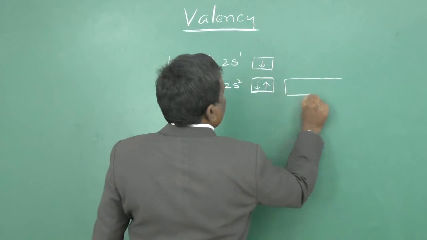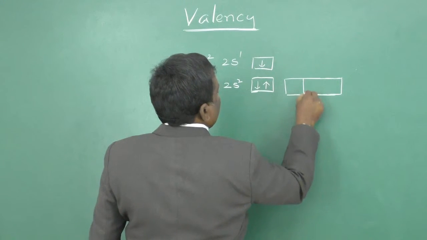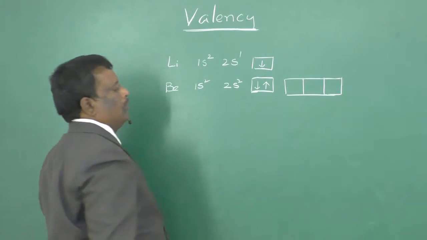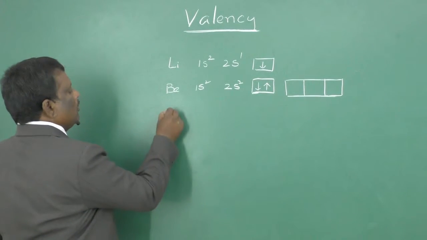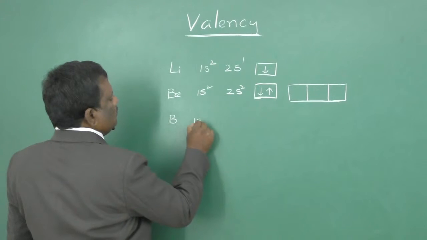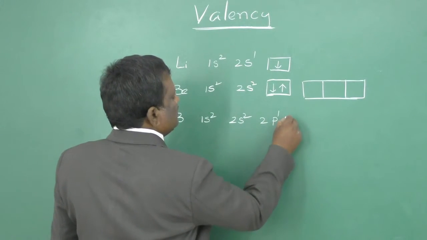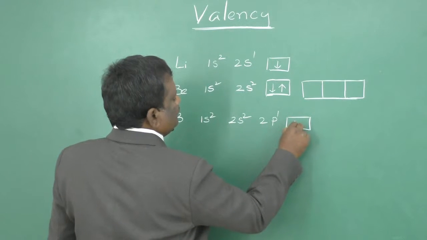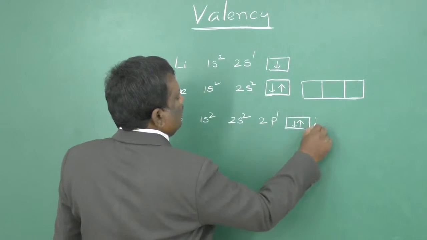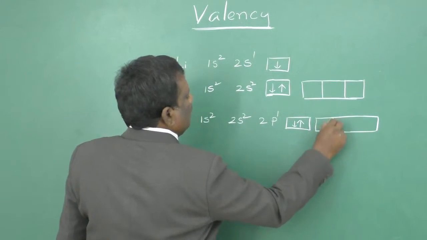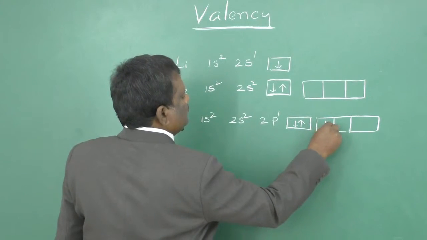At the same time, in that energy level, you have an empty 2p orbital. Then boron, 1s2, 2s2, 2p1. That is, in the 2s orbital we have 2 electrons, and in the 2p orbital we have 1 electron.